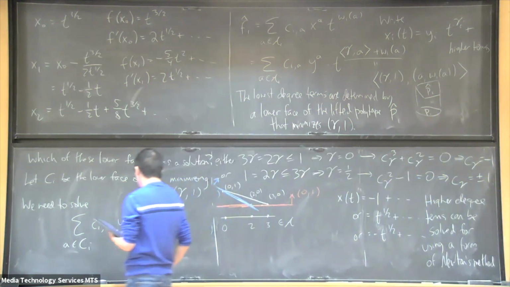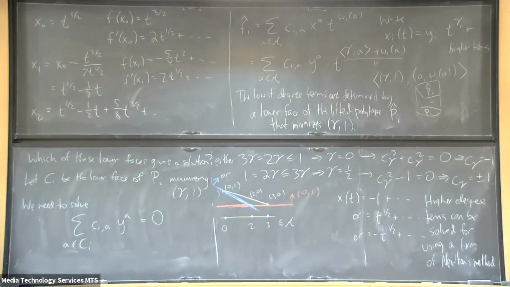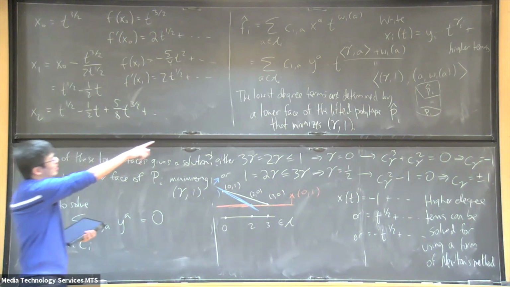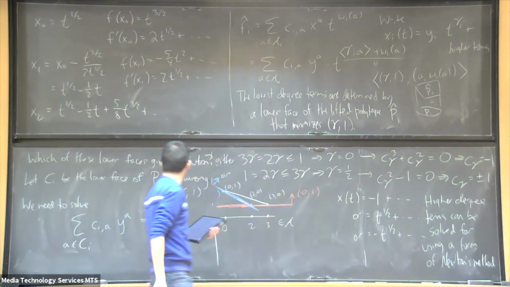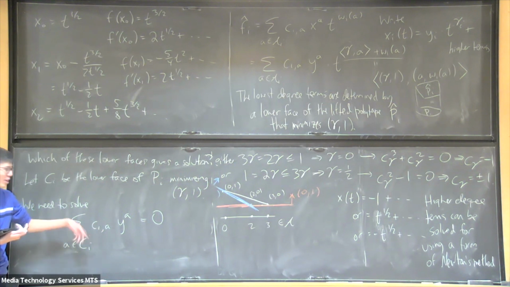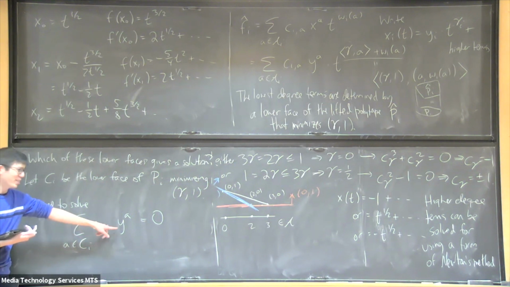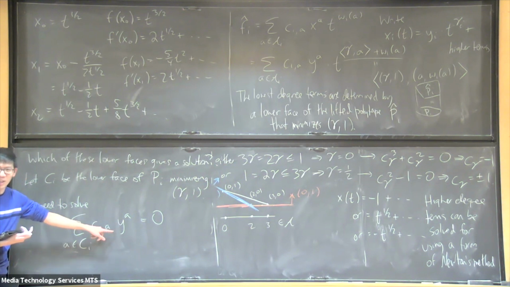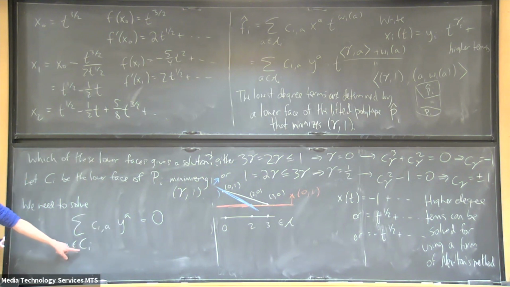And what do we know? Well, we know, of course, the yi are supposed to be non-zero, because this is the leading term. The coefficient has to be non-zero. And so first, there has to be at least 2 terms in this, because if you just had a monomial, this is some generic coefficient. So if you have a monomial, there's going to be no way you can make this equal to 0 without setting a y equal to 0. So this ci has to have dimension at least 1.